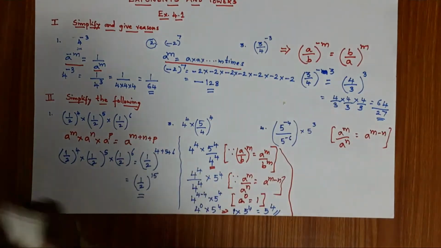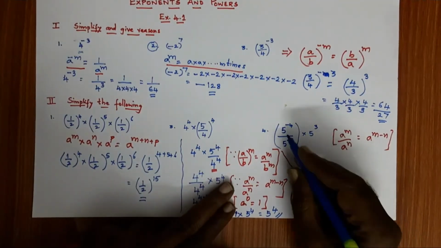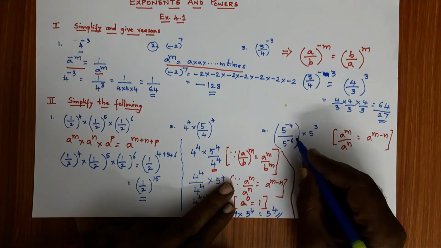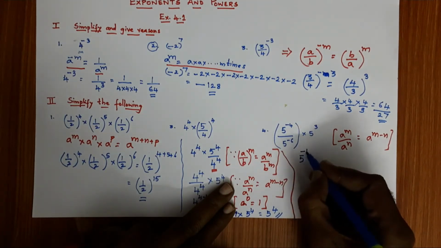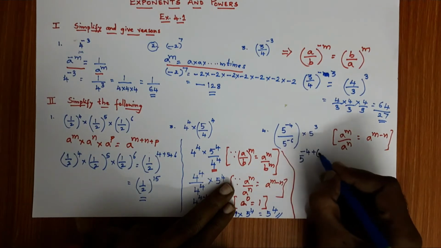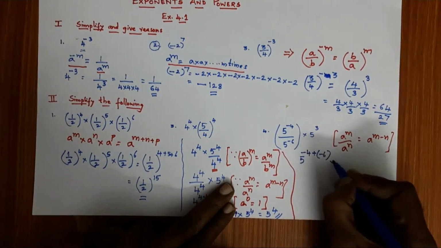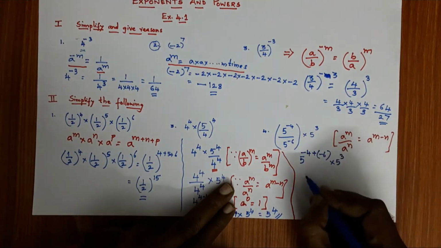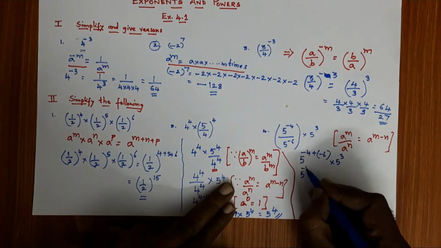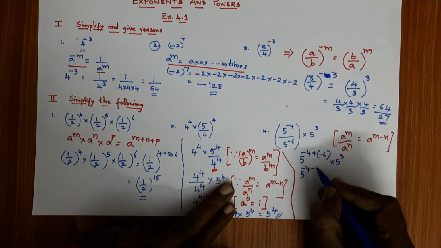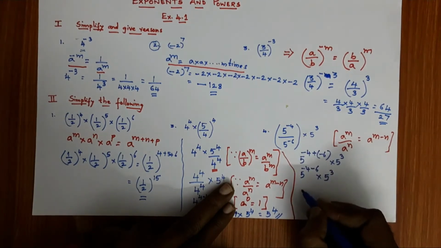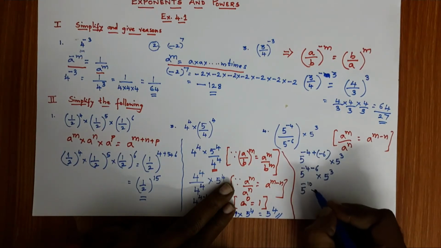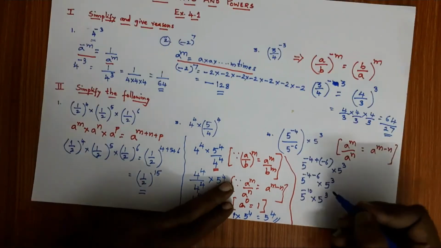Here the bases are equal in the division form, so you have to subtract the powers. 5 to the power of minus 4 minus of minus 6 into 5 to the power of 3. Minus 4 plus 6 gives 5 to the power of 2... as written, 5 to the power of minus 10 into 5 to the power of 3.